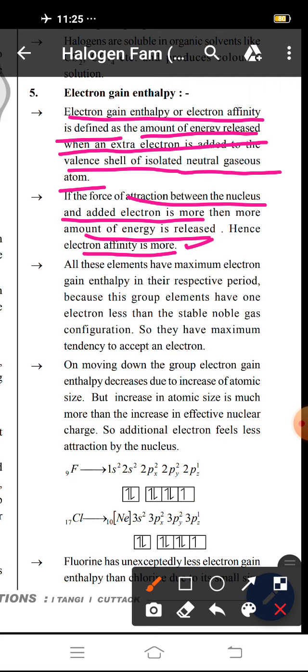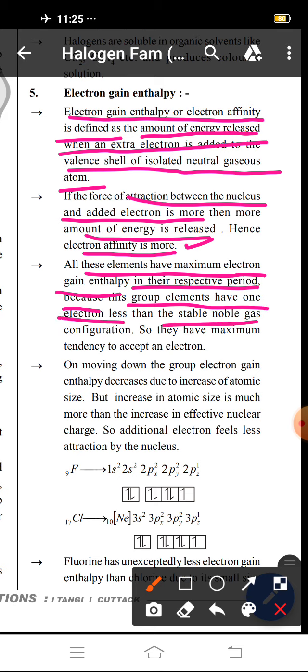The group 17 elements are present in a period almost towards the right, so they have maximum electron gain enthalpy in the respective period because these elements have one electron less than the stable noble gas configuration. If we attract one electron to its nucleus, then they attain stable noble gas configuration.